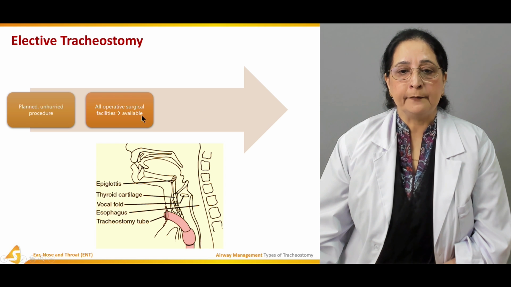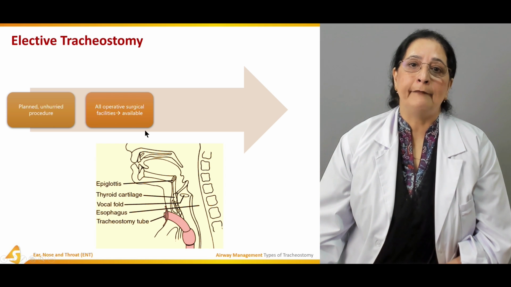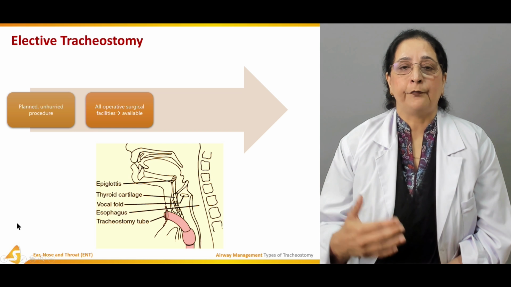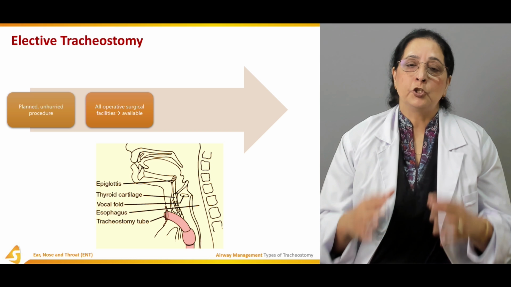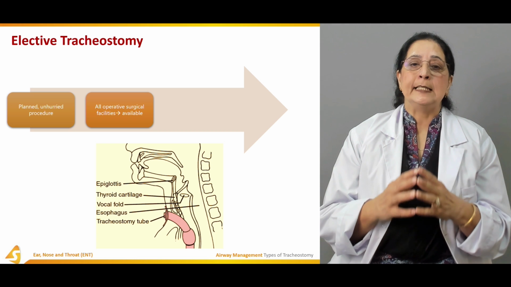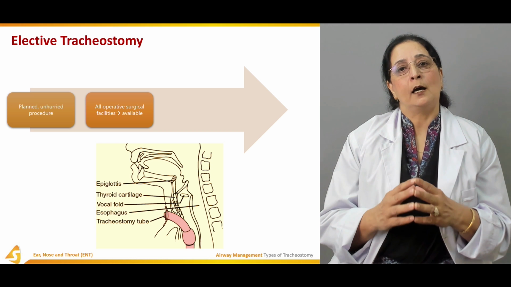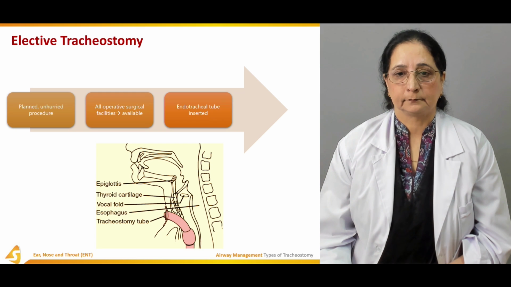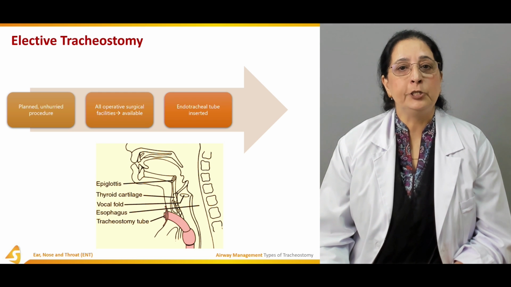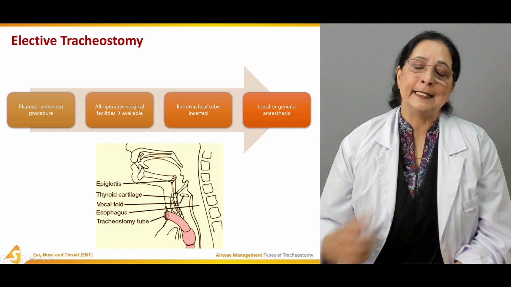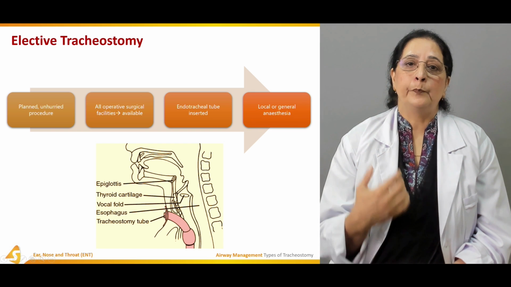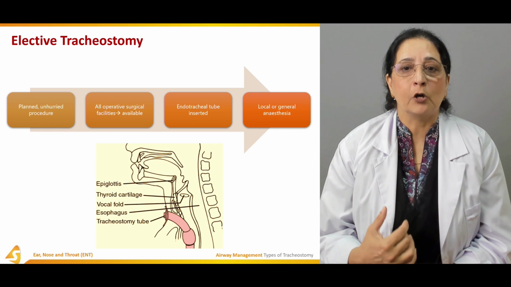All operative surgical facilities available. Now this is performed in planned circumstances. So all the proper facilities which are required are available. Endotracheal tube is inserted and local or general anesthesia is given to perform elective tracheostomy.